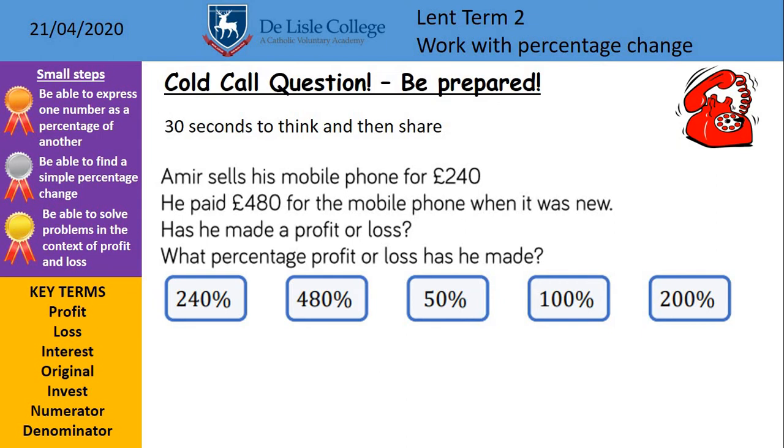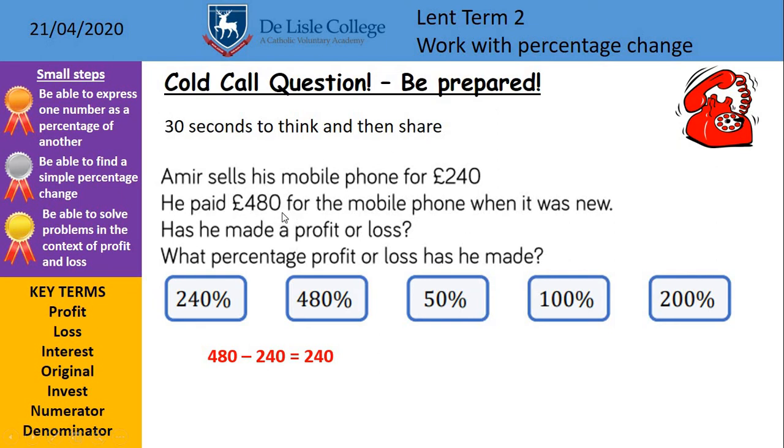So if he paid £480 originally and he sold it for less, he will have made a loss. So to work out the percentage profit or loss, remember it's exactly the same working as we were doing before. So we work out the difference between the two amounts, 480 subtract 240 gives us 240, and work this out as a fraction of the original amount, which was the £480.